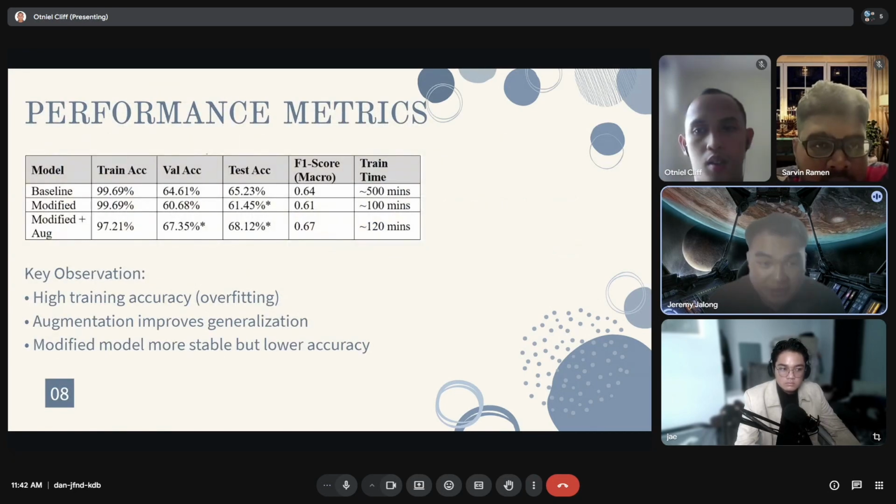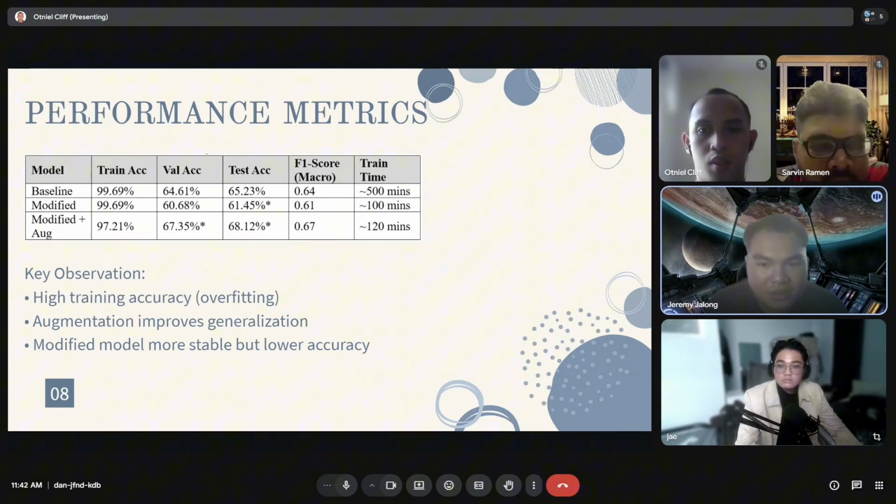Thanks. Okay, this is our performance metrics. Our results highlight a classic trade-off. The baseline overfit significantly, hitting nearly 100% training accuracy but failing to generalize, while the modified model was 5 times faster to train.